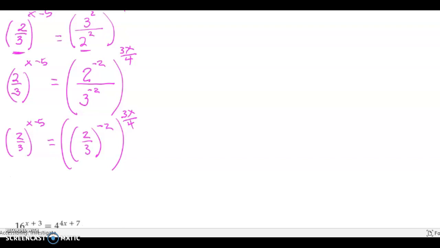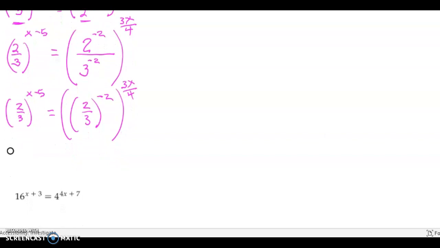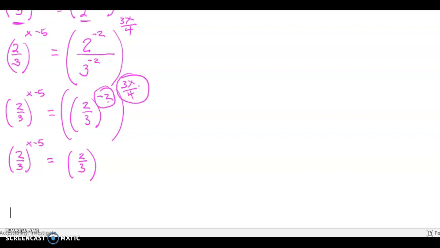So now I've got my like bases. I probably would want to rewrite it one more time before I get rid of my 2/3. Not really getting rid of it, but we don't really need it anymore. A power to a power, we're going to multiply. That would give me negative 6x over 4, which is negative 3x over 2 power.